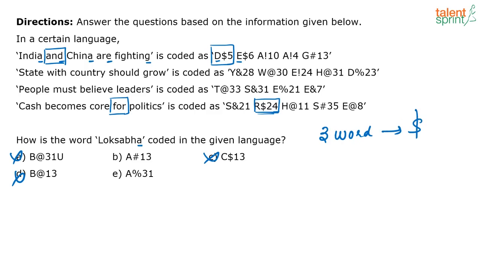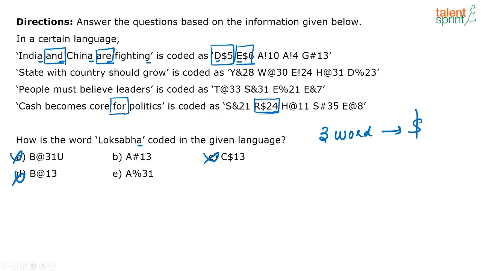Take this ARE; again the dollar symbol has been used, $6, and three letters are there in this word also. So the symbol they are using depends on the number of letters in the given word. If the given word has 3 letters, then you have to use the symbol $.